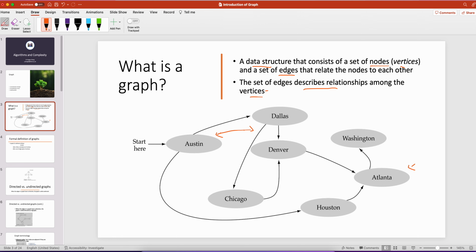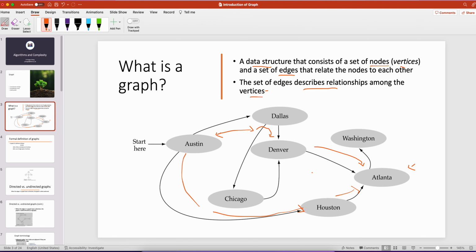For example, we can go through Dallas, then to Denver, and then to Atlanta, or we can go from Austin to Houston and then to Atlanta. Which way is the shortest, or which way is more efficient?